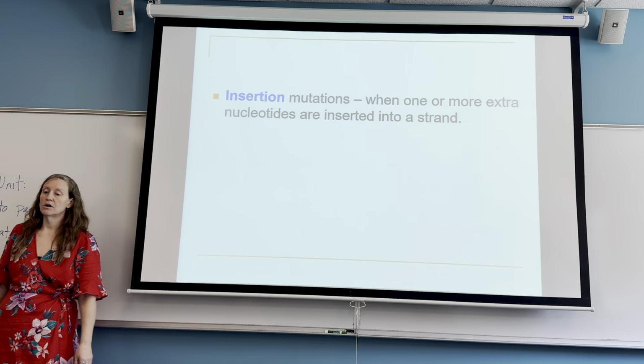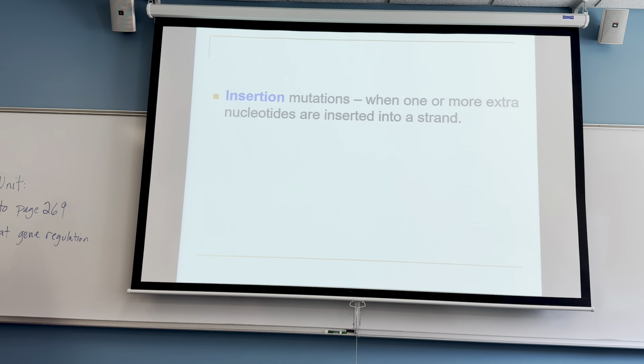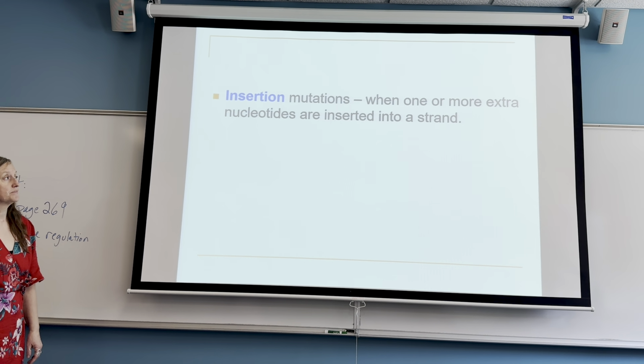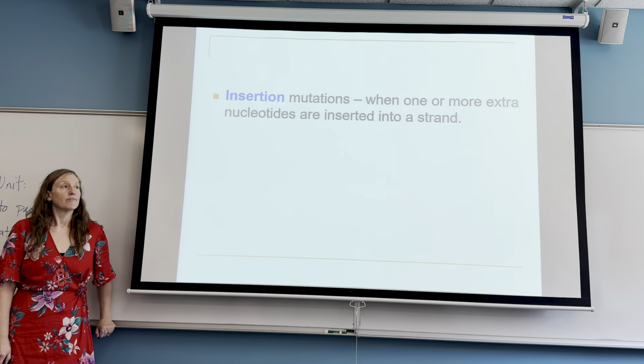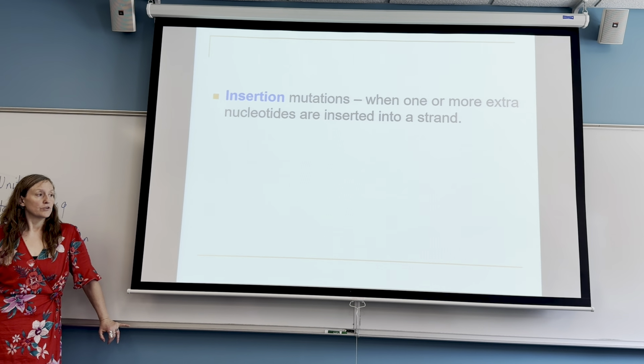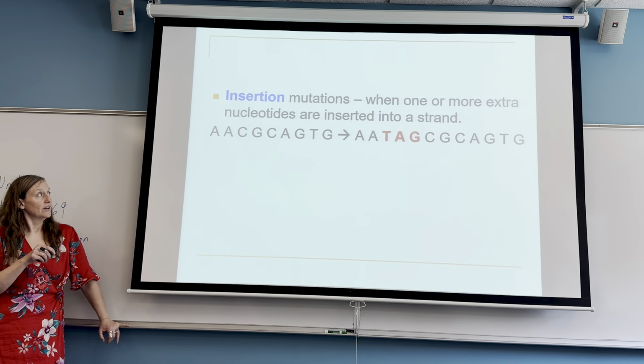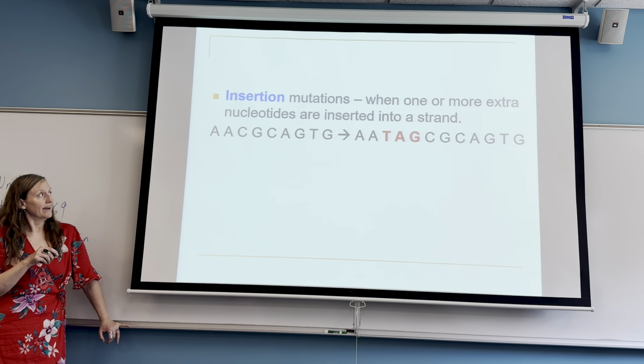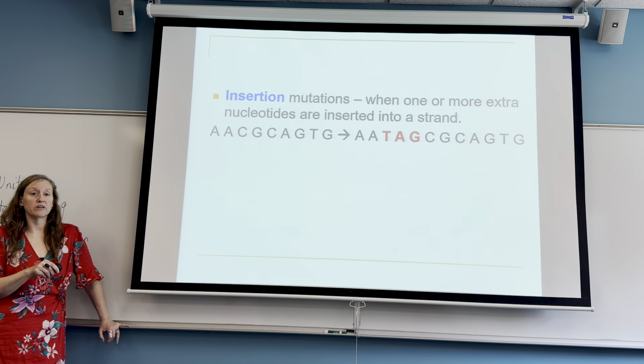Next kind of mutation is called an insertion mutation. One or more nucleotides are accidentally inserted into the chain. So if we're looking at our same strand, we had AA, and where that C should be, accidentally inserted is an extra 3 nucleotides.